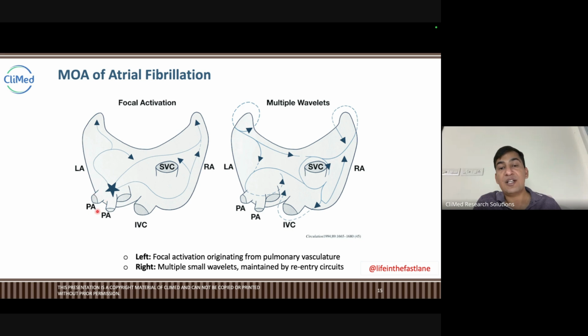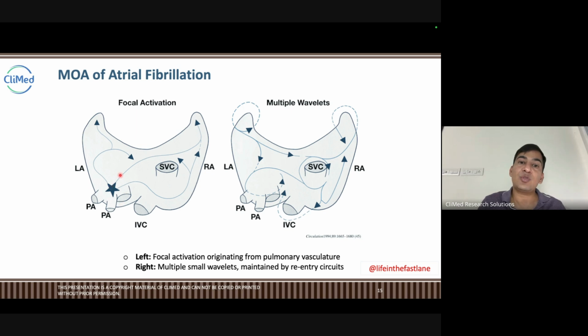AF happens when your SA node is faulty and your atrium is also having problems, and impulses are generated from somewhere else. There are two forms of generation of these impulses, these voltages.